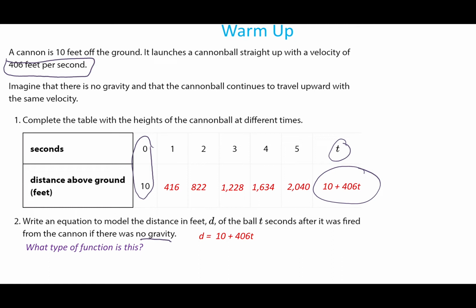And if we were to think about what type of function this is, what would it look like if we plotted these points? I want you to consider for a moment that we have a starting point and we have a velocity, or how much it's growing per second. And that's a constant rate of change.